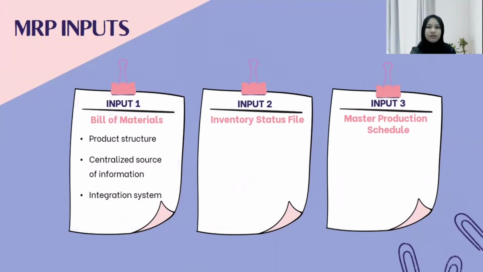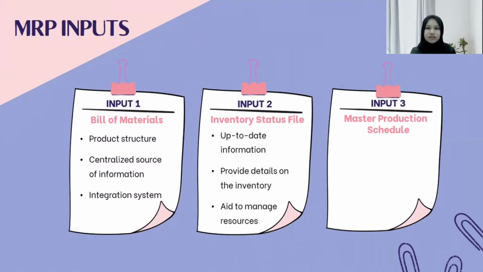Next, inventory status file. Inventory status file is a file which provides complete and up-to-date information regarding the inventory. It also provides detailed information on the inventory, such as on-hand quantities, requirements, scheduled delivery, and reorder data. If the estimated inventory is insufficient to fulfill the demand in a given time frame, the MRP software will suggest ordering the components.